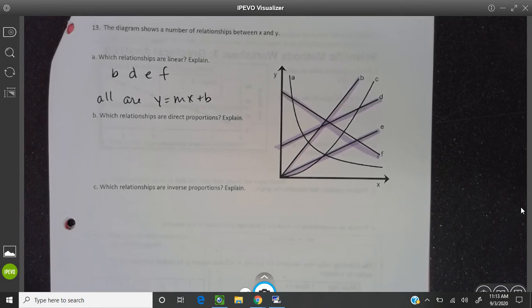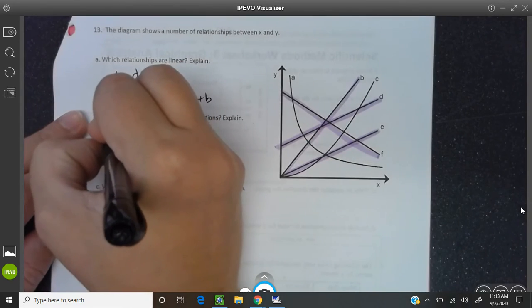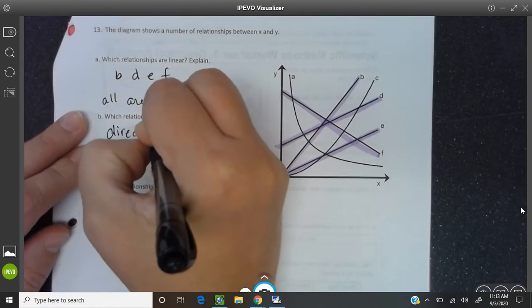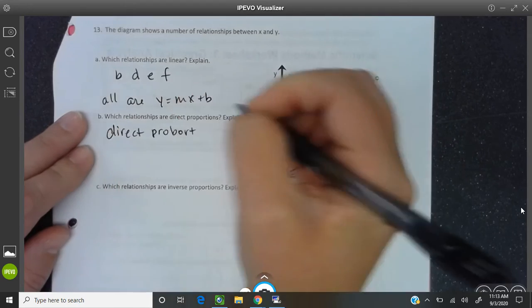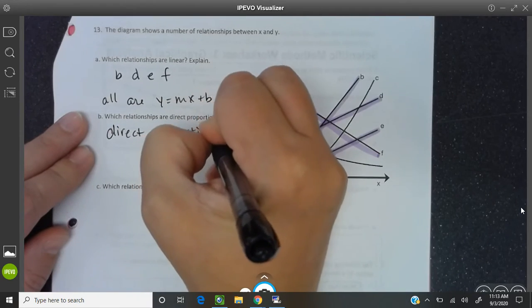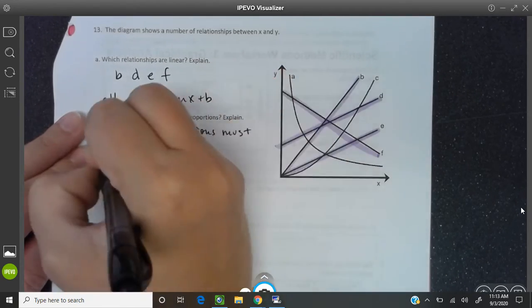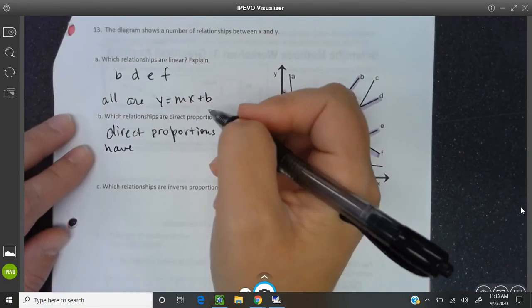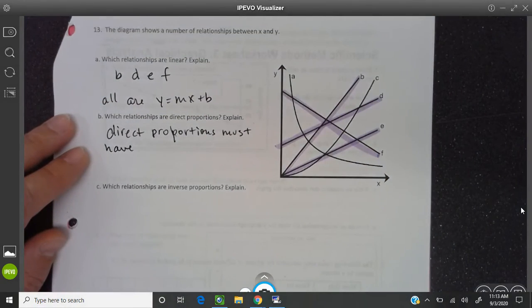Which ones are direct proportions? All of them? What's the difference between a line and a direct proportion? What has to be true? Proportions. That's a good question. Yeah. Don't they all have to be like ascending instead of descending?